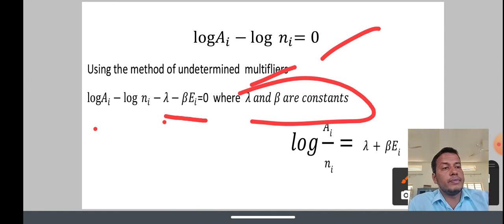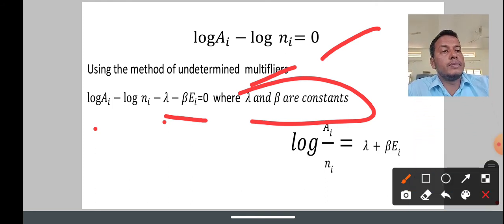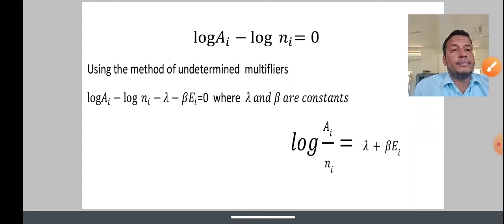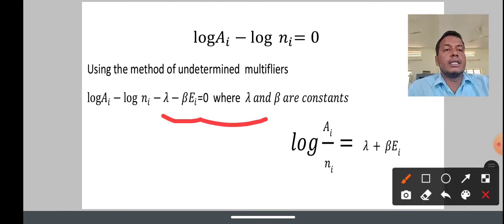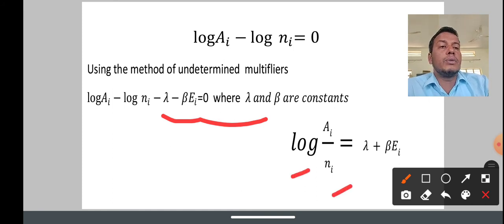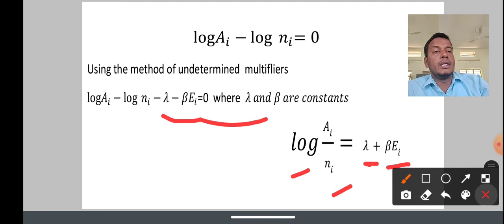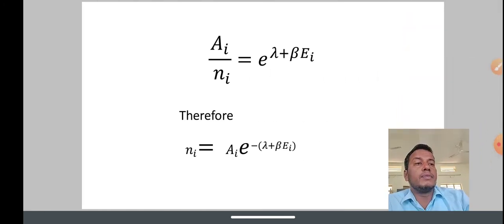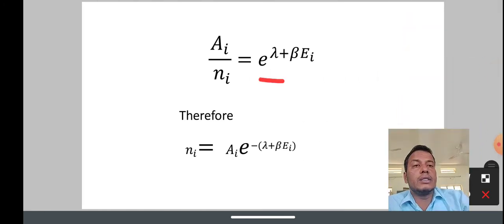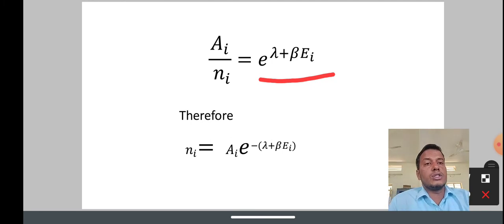After this, just take these terms to the other side of the equals, that is log A_i minus log N_i, by the log formula, that is log A_i by N_i, is equal to plus lambda plus beta E_i. Taking the log outside, A_i by N_i is e to the power of lambda plus beta E_i, after crossing the equals it turns to an exponent.